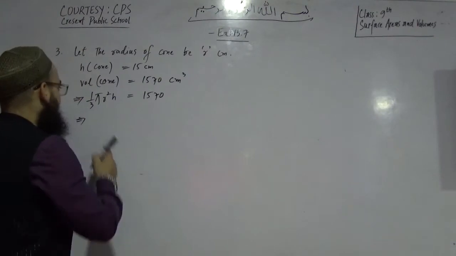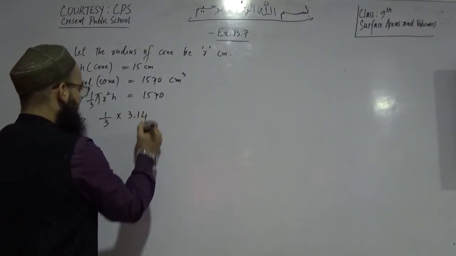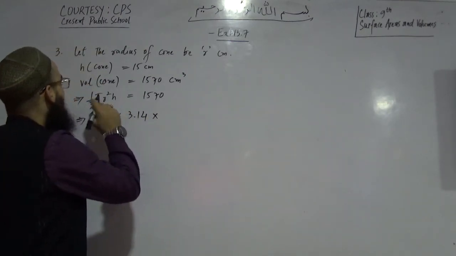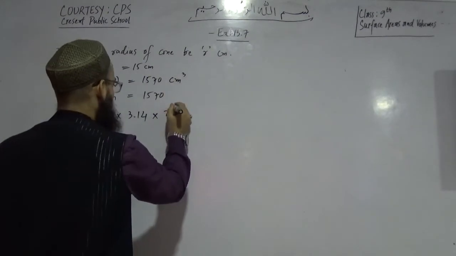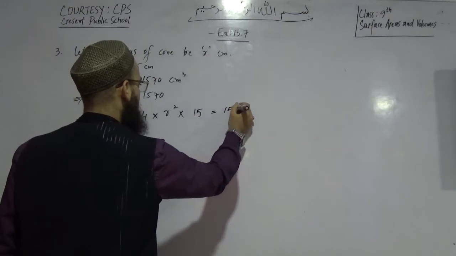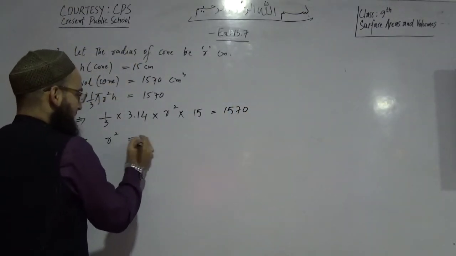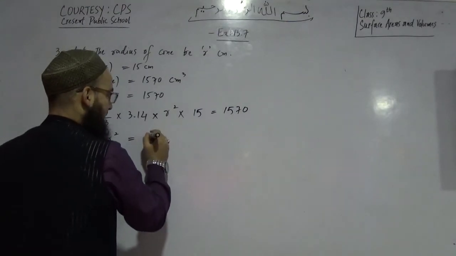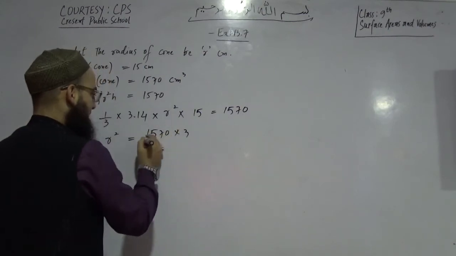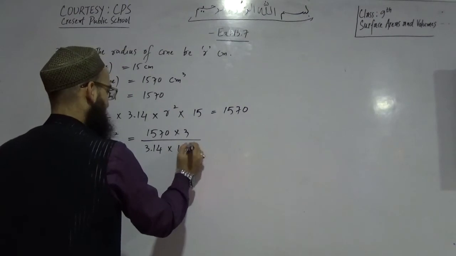Take pi 3.14, because question says so. 1 by 3 times 3.14 times r square times h, which is 15, is equal to 1570. Then you find r square is equal to 1570 times 3 divided by 3.14 times 15.